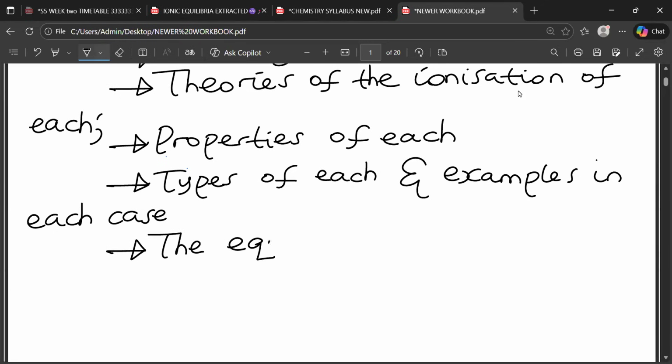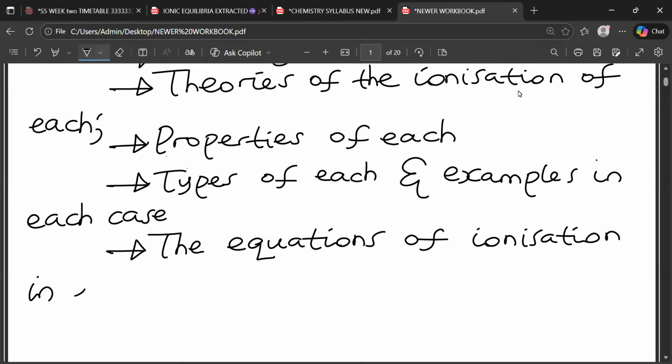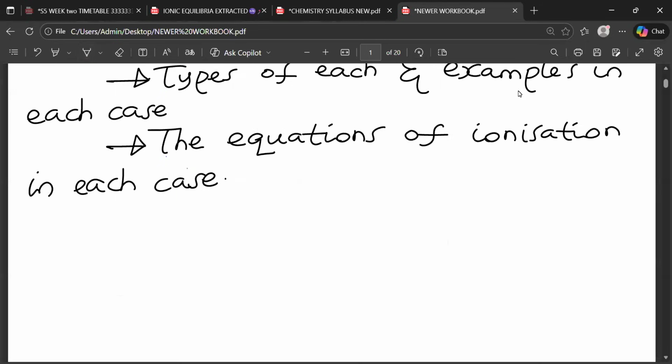Then I want us to end with the equations of ionization in each case. Then you all know, I never leave the lesson without research and assignment.